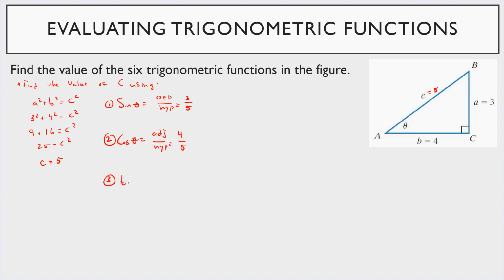And then tangent. Remember my silly saying, some old horse caught another horse taking oats, opposite over adjacent, away. So tangent, I wrote TOA. Tangent of theta, so it's opposite side, so that's 3 over adjacent, which is 4.